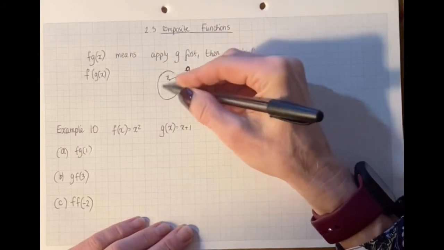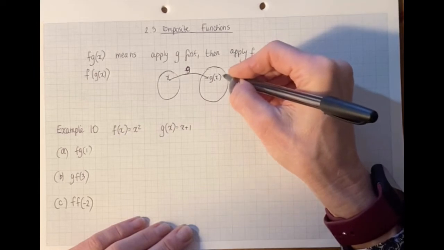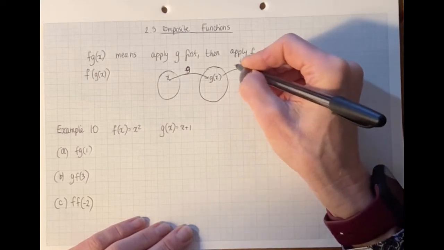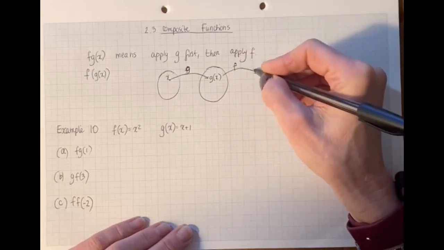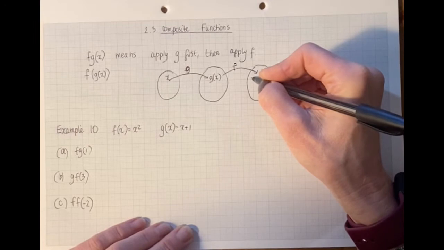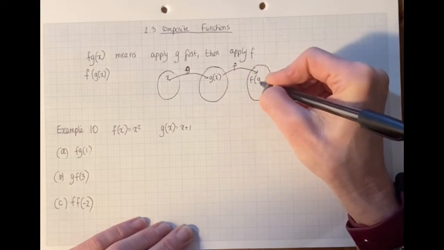This is the domain of g, this is the range of g. The range of g then becomes the domain of the function f that's being applied. So the output is going to be f of whatever was inputted, which happened to be g of x.